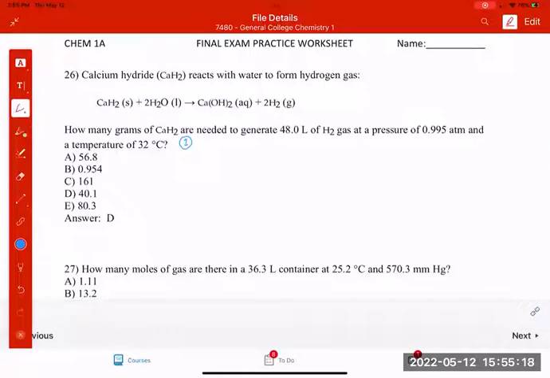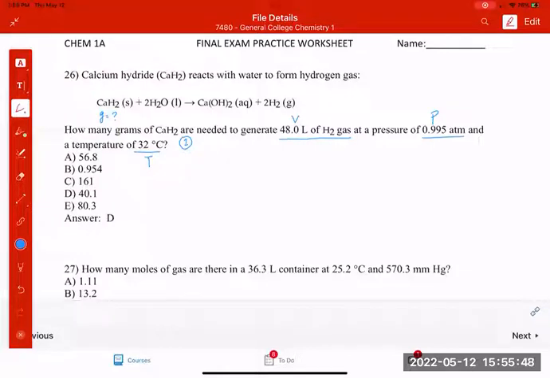I'm just going to write down the steps here. First, how many grams of calcium hydride are needed to generate 48 liters of hydrogen gas at a pressure of 0.99 atm and a given temperature? The volume, pressure, and temperature are given. What can you find when you are given the volume, pressure, and temperature of one gas?